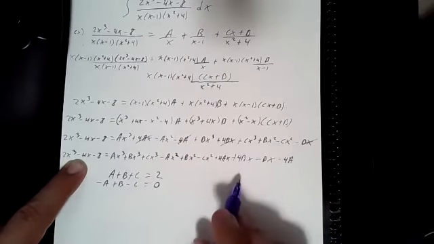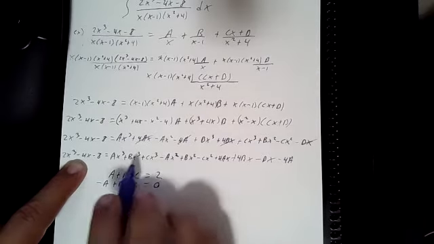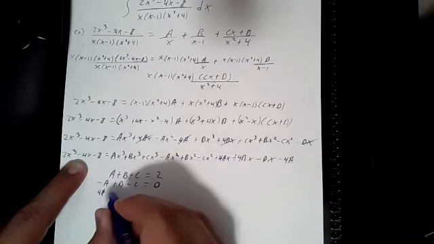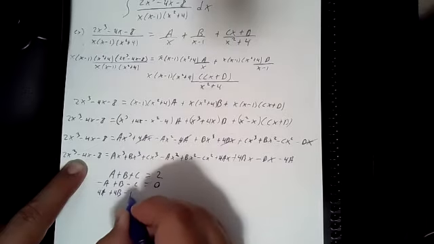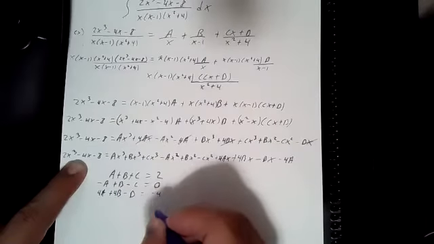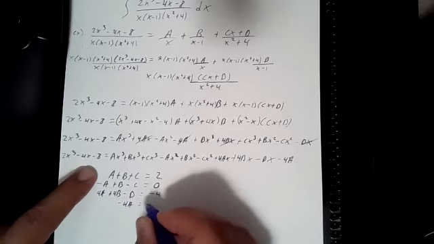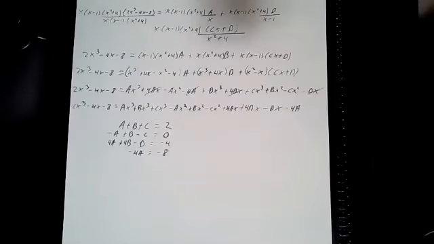For the x's, 4A plus 4B minus D is equal to -4. And then the constant, -4A is equal to -8. Finally.